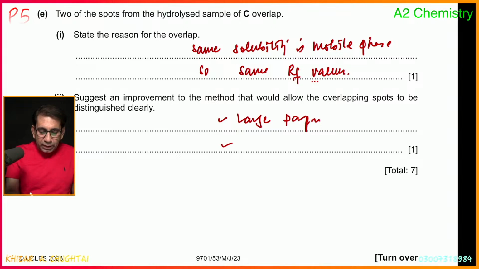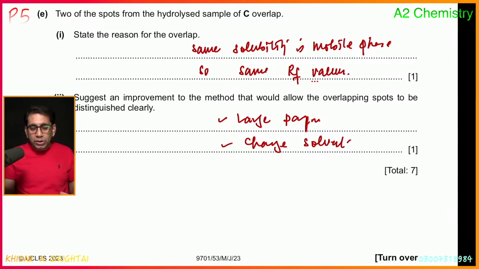The second thing is we can change the solvent, change the mobile phase, so they can be identified properly. So change the solvent or use a larger paper. That's all about this question.